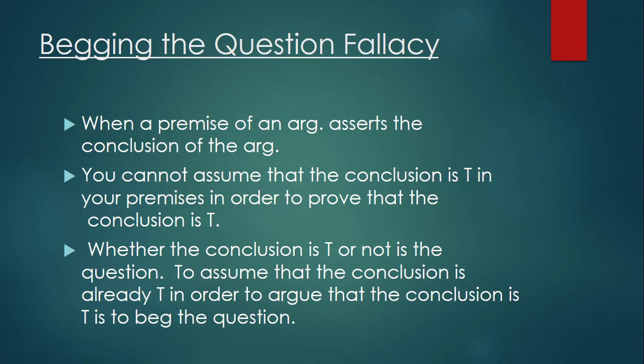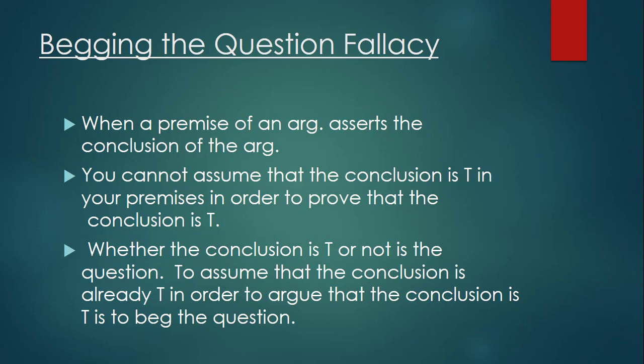So whether the conclusion is true or not, that is the question. So when there's an argument, right, and there's some kind of debate, let's say, or some kind of issue at hand where people are trying to figure out what the conclusion is, well, someone might propose a conclusion on the particular matter, and whether or not that conclusion is true or not, that is the question at hand.